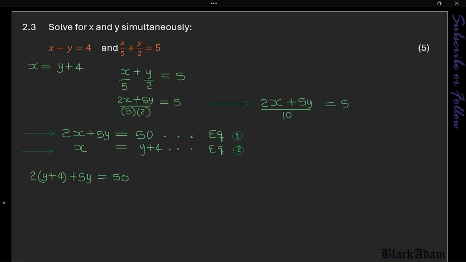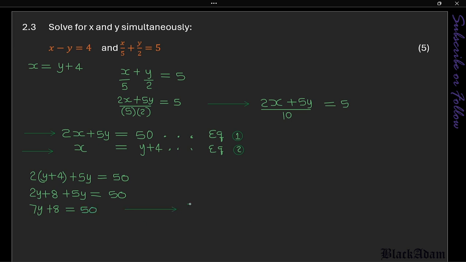So we'll have to multiply by 2, that's giving us 2y plus 8 plus 5y is equal to 50. So that remains 7y plus 8 is equal to 50.